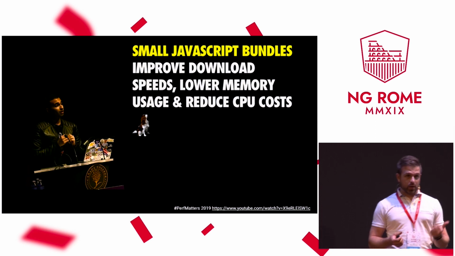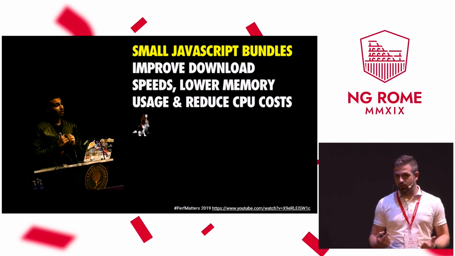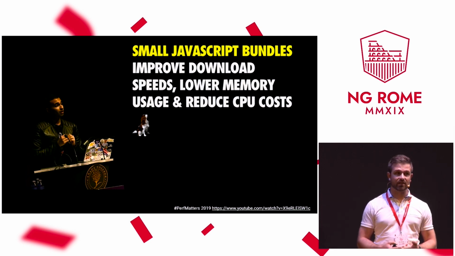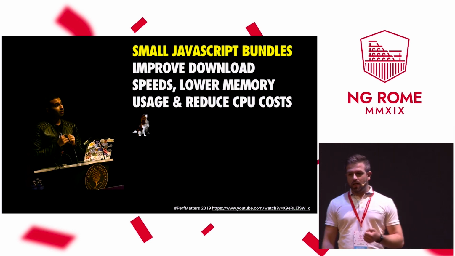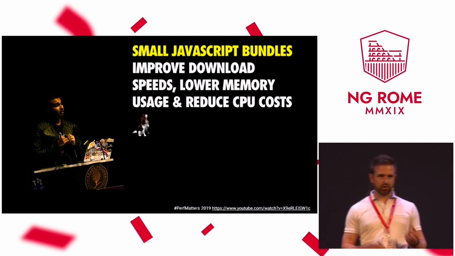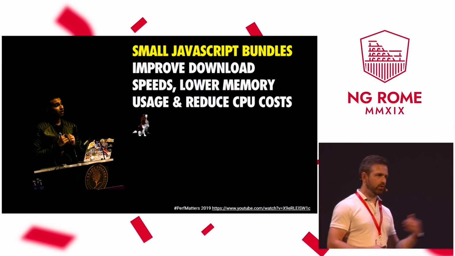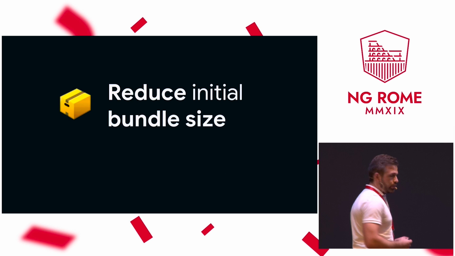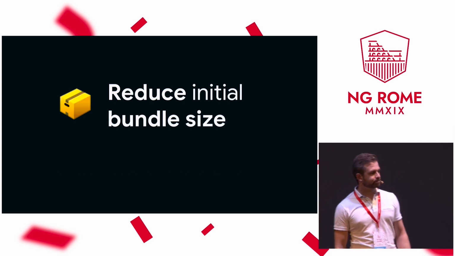First of all, that helps with download speed, because it downloads faster. But it also reduces the memory pressure on devices and the CPU costs. Of course, on your new iPhone 11 Pro Max you won't feel that as much as on low-end devices. So what we actually want is to reduce that initial bundle size.